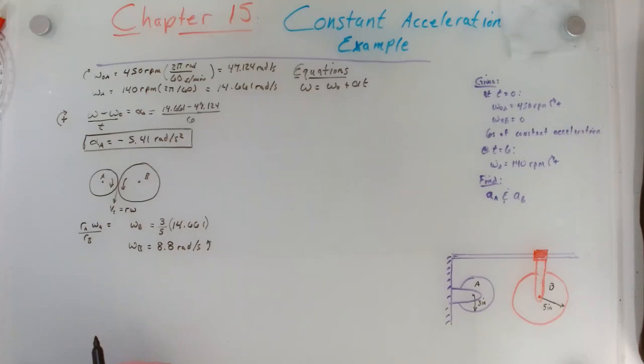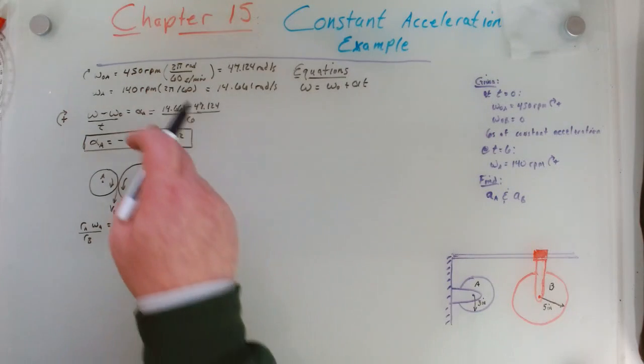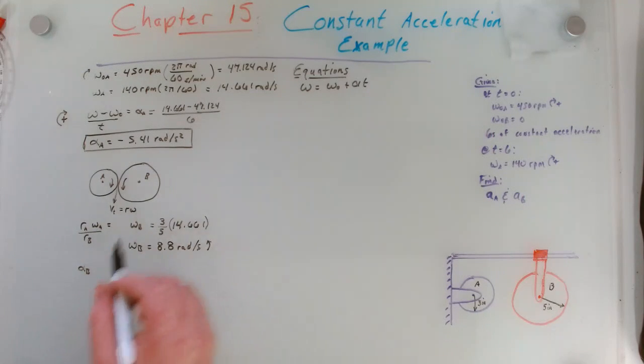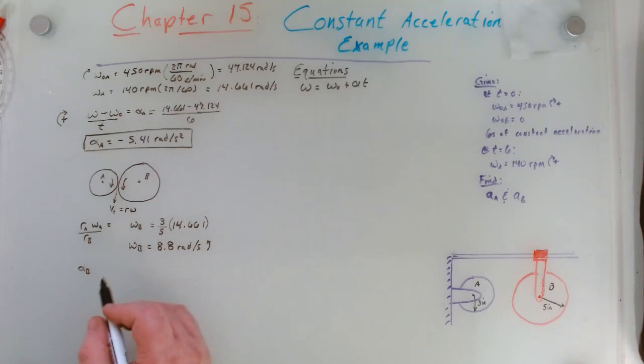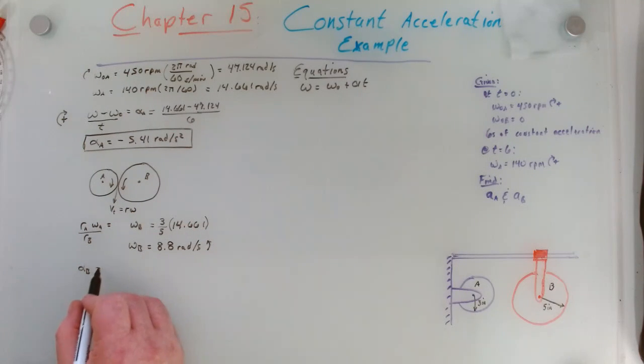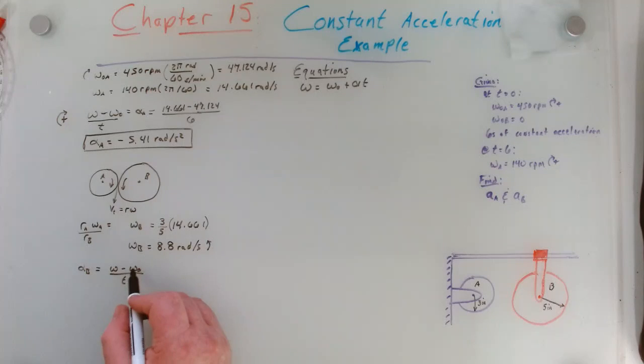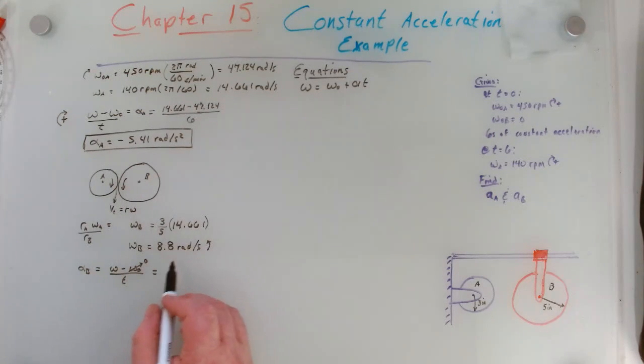Well, we can reuse this relationship. So alpha B equals omega minus omega naught over t. This is why I always do the algebra first. It's just faster. There was no omega naught. We started at 0. So this is 8.8 divided by 6.